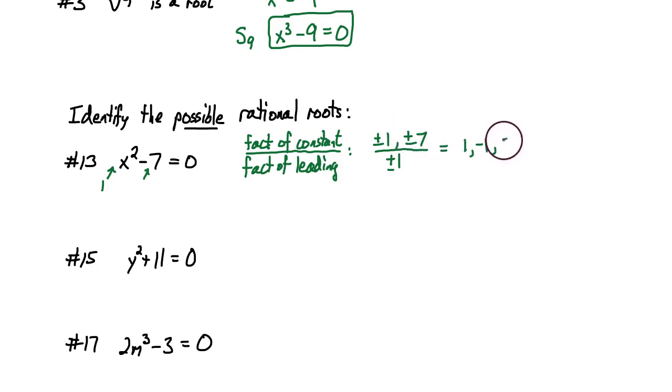One possibility is +7, and another possibility is -7. These are the four numbers that are created by evaluating all the possible combinations of numerator and denominator. Now, we weren't asked which of these are actually solutions to the equation. We were simply asked, what are the possible rational roots of the equation?